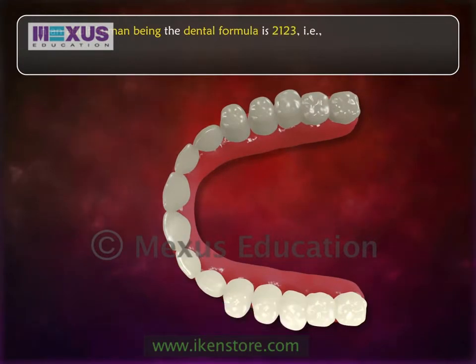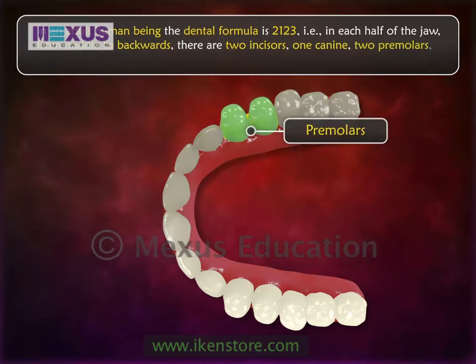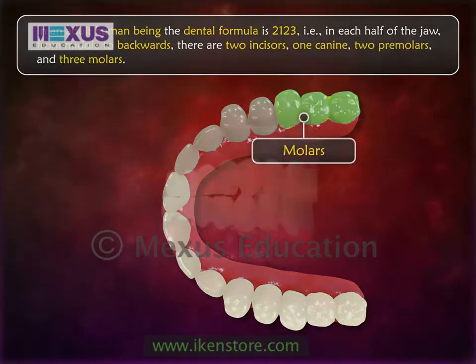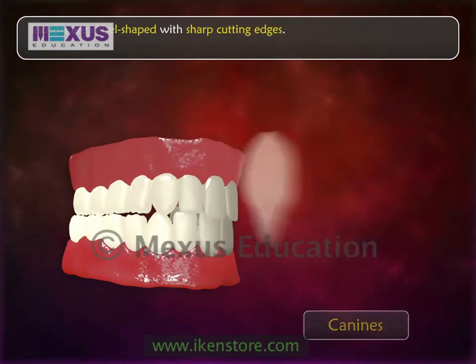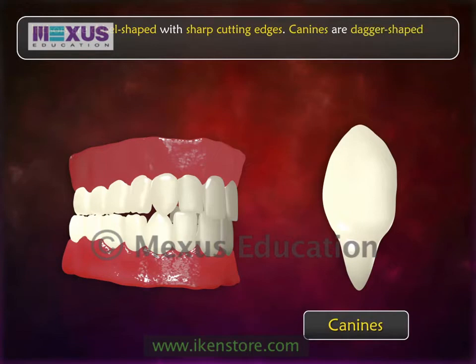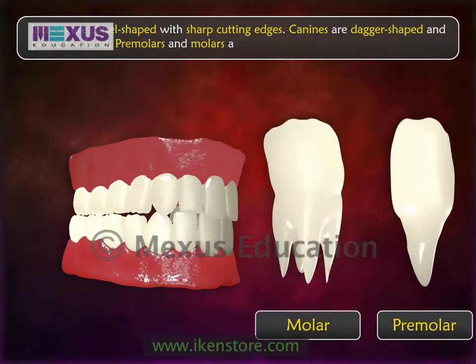That is, in each half of the jaw, from middle to backwards, there are 2 incisors, 1 canine, 2 premolars and 3 molars. Incisors are chisel-shaped with sharp cutting edges. Canines are dagger-shaped and pierce the food. Premolars and molars are broad, strong crushing teeth.